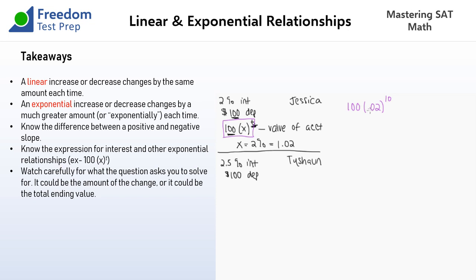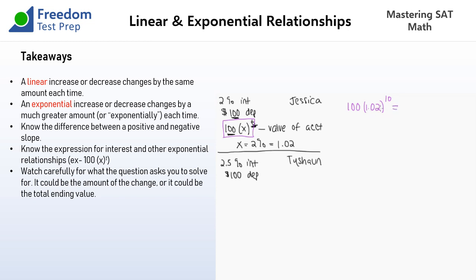Now, we could do it that way. You could say, how much more money will they have earned? If you put the 1.02 in, it wouldn't be wrong. What you would just need to do at the end is subtract them, because you'd get the total amount of the account value. Let me just show you if you did it this way.